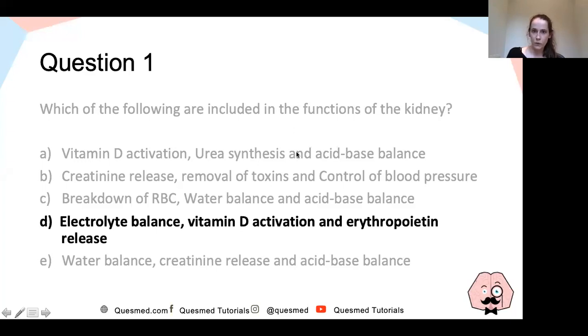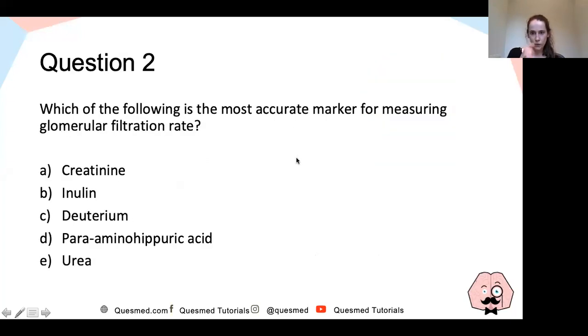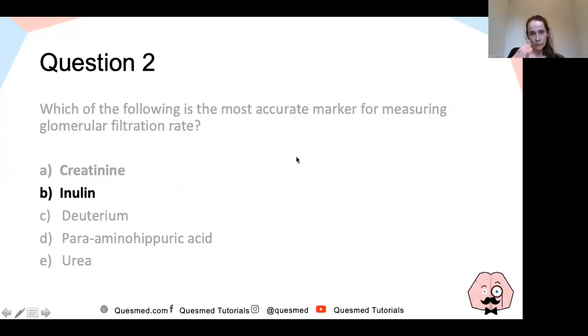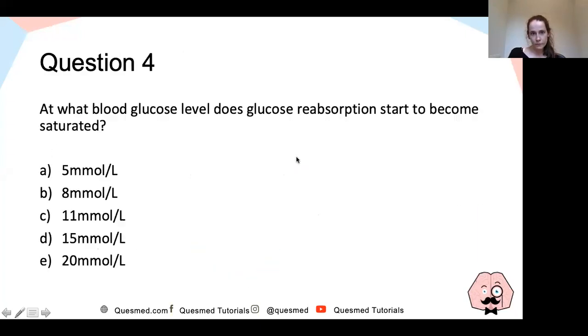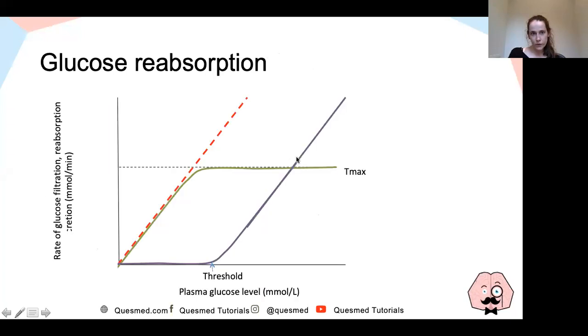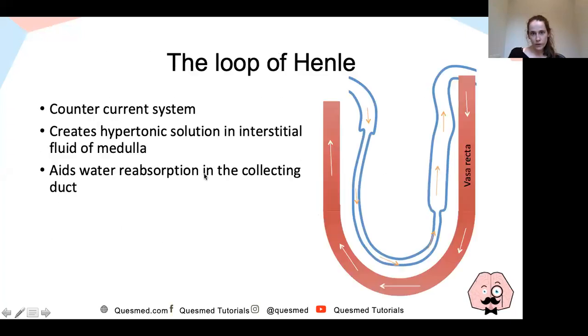Okay, so for that, we're going back to our loop of Henle, which we have here. So the countercurrent. What we have here, from the proximal convoluted tubule, is our filtrate moving down into the thin descending limb, and then it moves up into the thick ascending limb to the distal convoluted tubule over there.